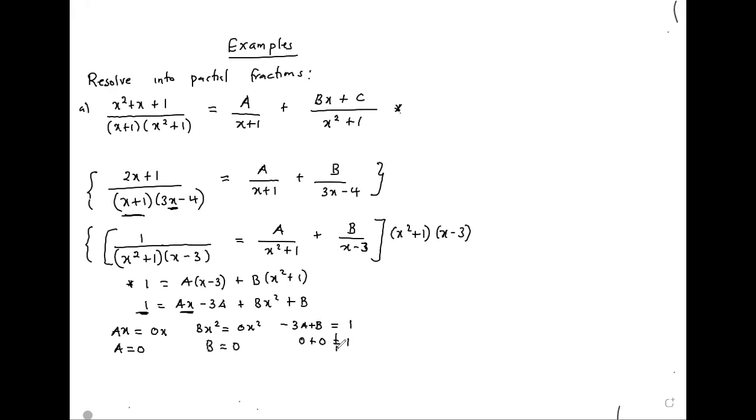Why? Because of fixing a constant when you have the power of x greater than 1. You demand that the power of x in the numerator should always be less by 1 than the power in the denominator. You have seen that this can't work out.